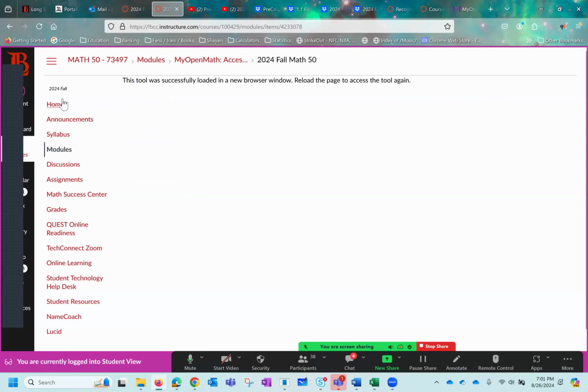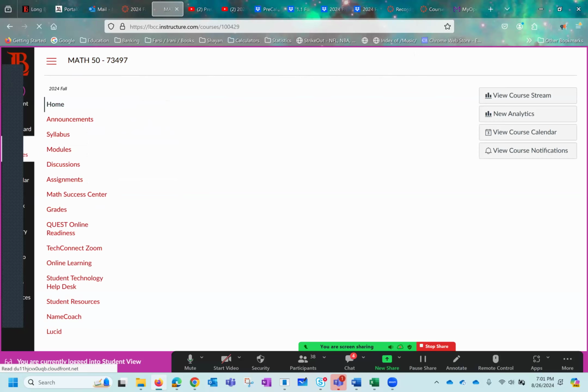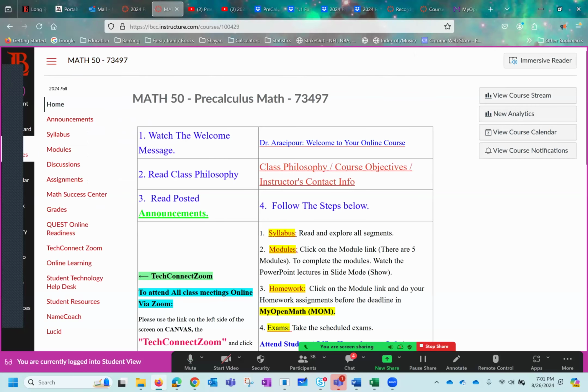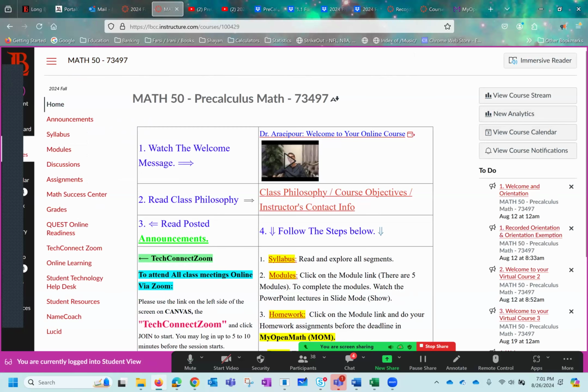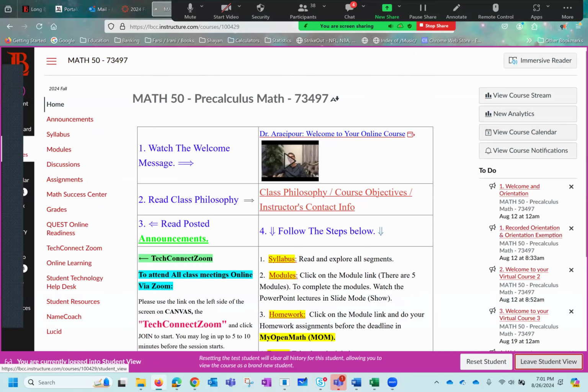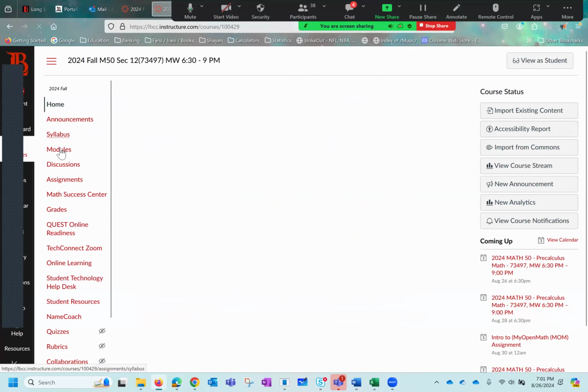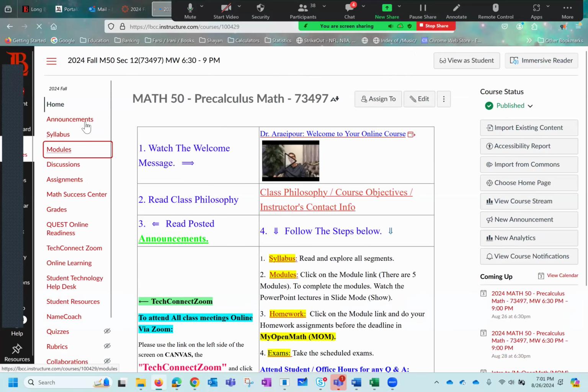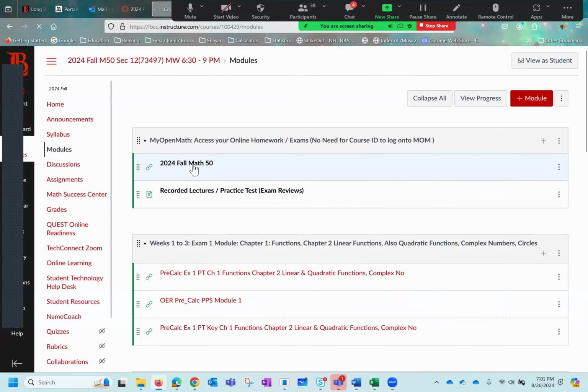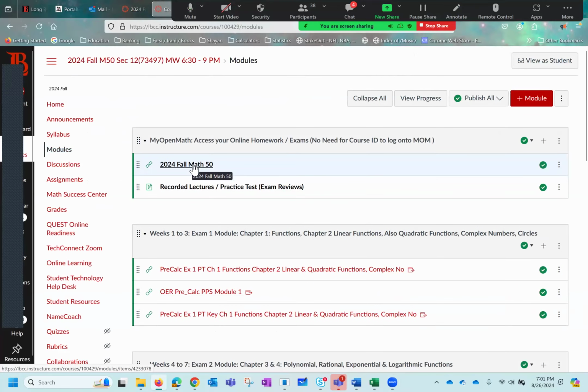So I'm going to go to the home page. Let's leave the student mode and go back to the modules. This very top one will allow you to register with MyOpenMath and do the homework. So how does that work?